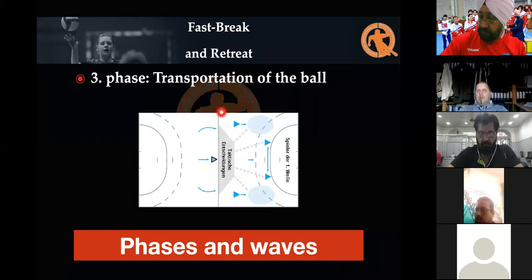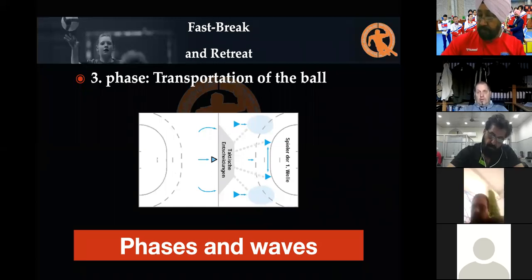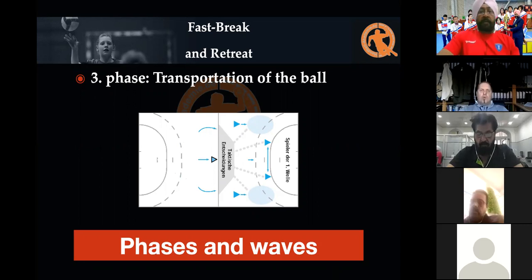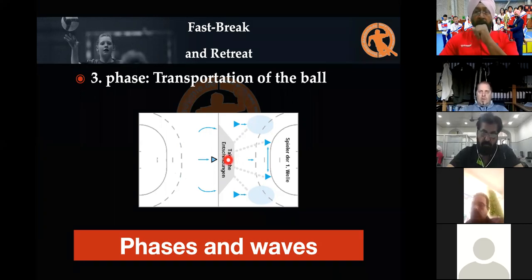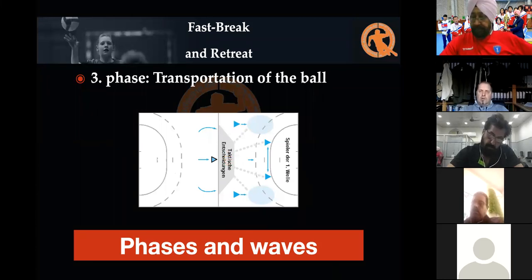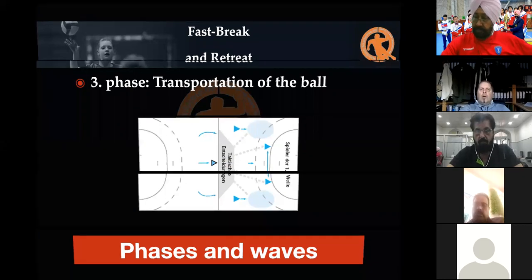If the ball is on the side, it's not so nice, because passing maybe here is fine in a short way, but a long distance pass to the other side, running at full speed like we do in a fast break, is a little bit more risky. So that's why I prefer to have the ball in that area with the best options to continue in the fast break finalization.